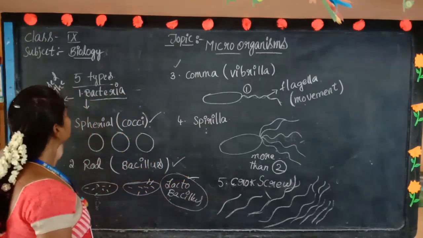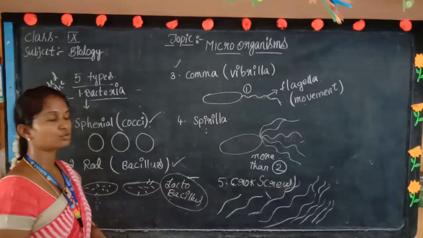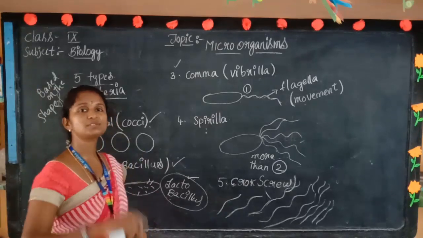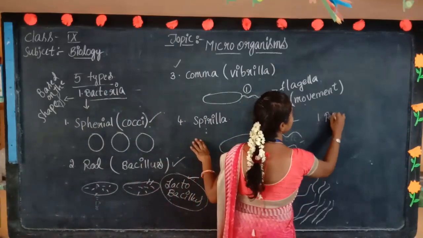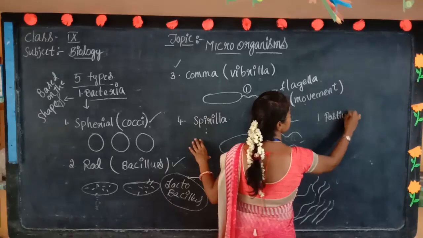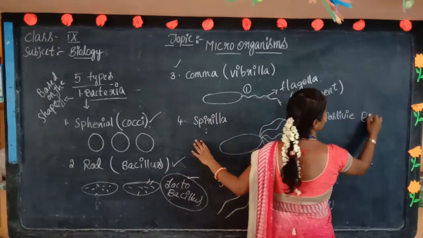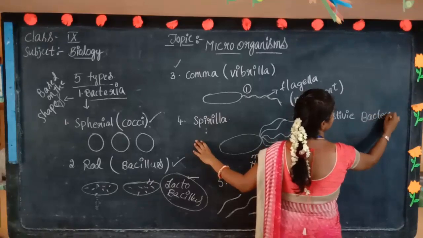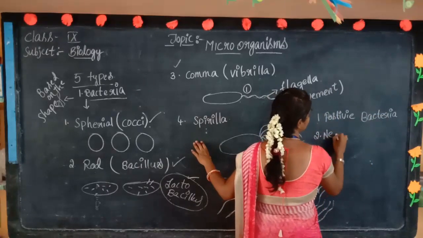Yes, when we see these bacteria under the microscope, there are again 2 types of bacteria. What are they? Positive bacteria and negative bacteria.